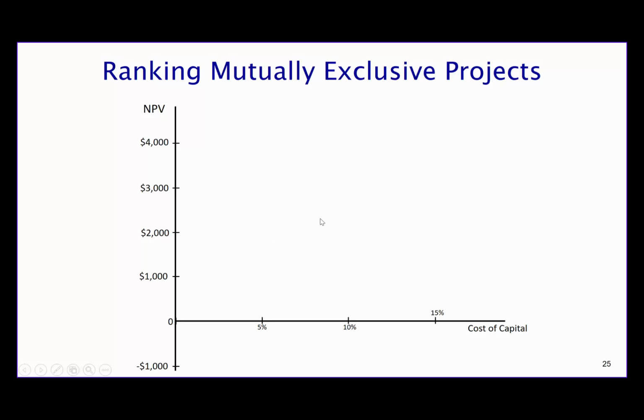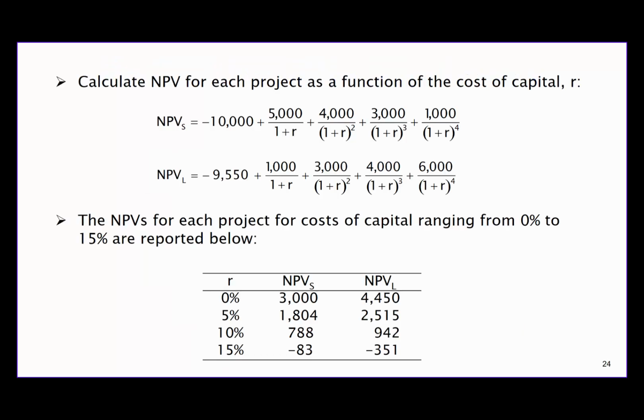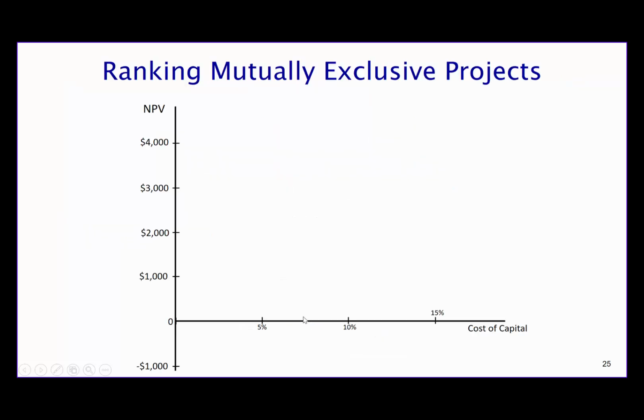Then I plot the points here for project S. Let's just look at two of the numbers. At 0% it was 3,000. At 5% it was 1,804. So there's the 0%, on this axis, 3,000, and at 5%, I just kind of cited that in loosely, about 1,804 is the NPV.